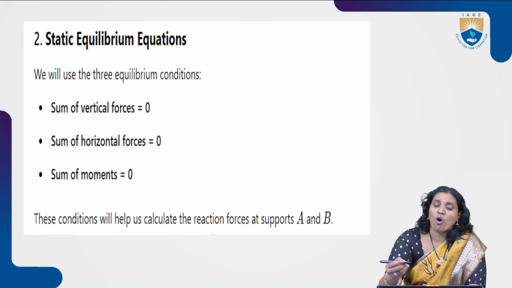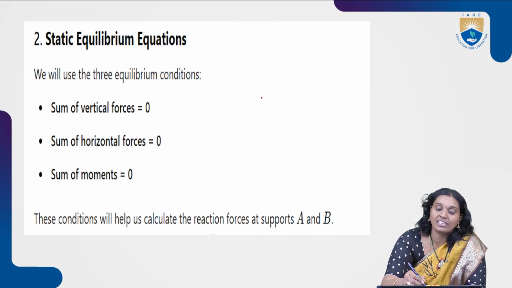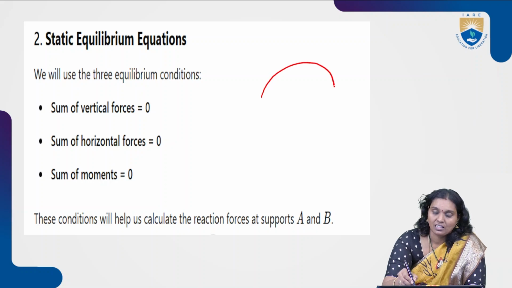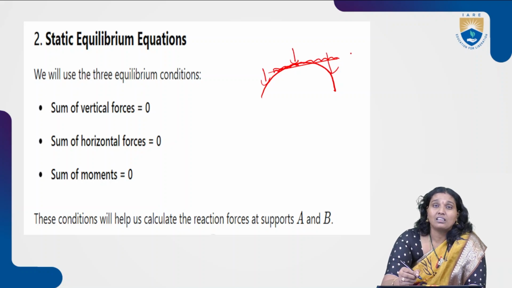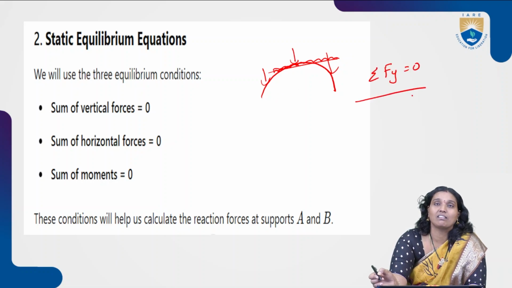The sum of all the vertical forces involved in the three-hinged arch, whether it is a fully uniformly distributed load or any point loads acting, is equal to zero: sigma Fy equals 0. This is one of the equilibrium conditions.